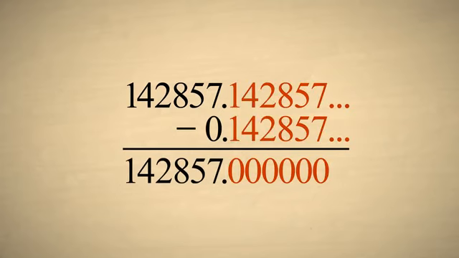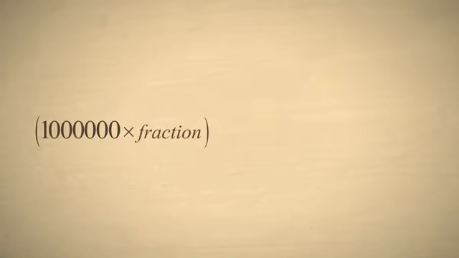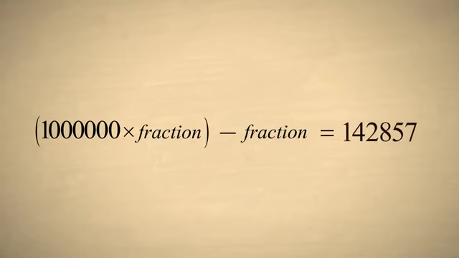This eliminates all but one copy of the repeating sequence. We are left with the integer 142857. We then write the equation 1,000,000 times the fraction minus the fraction equals 142857.